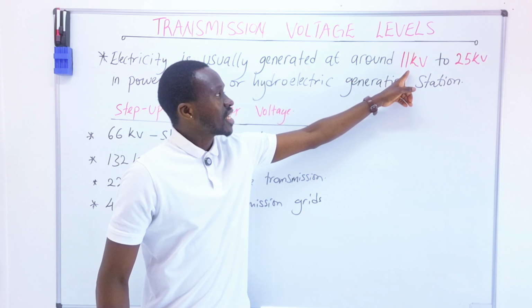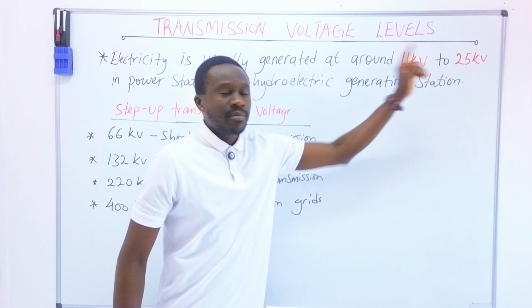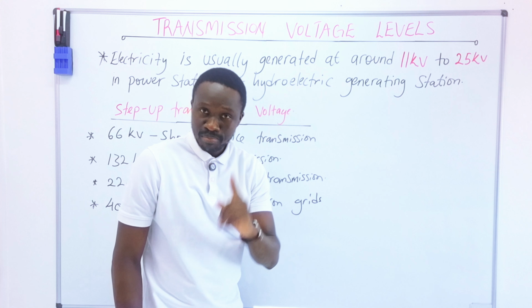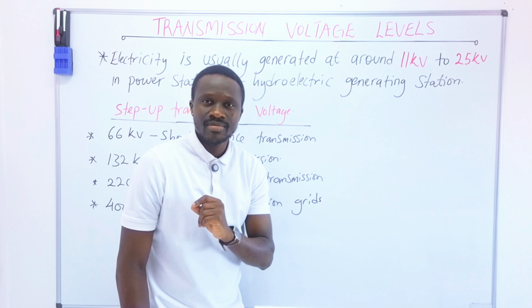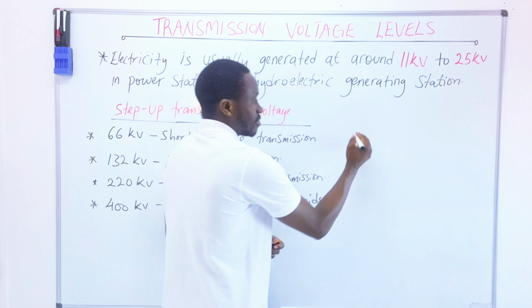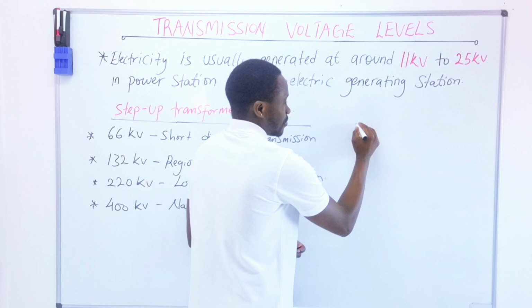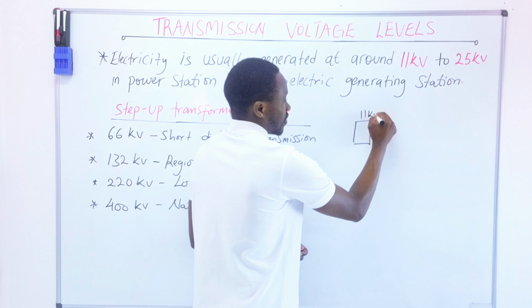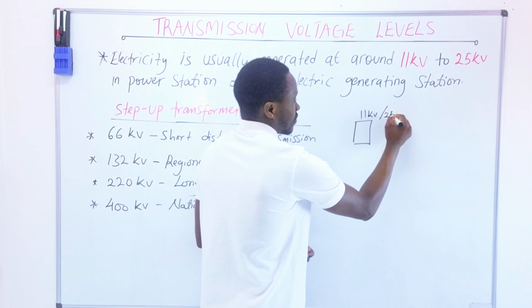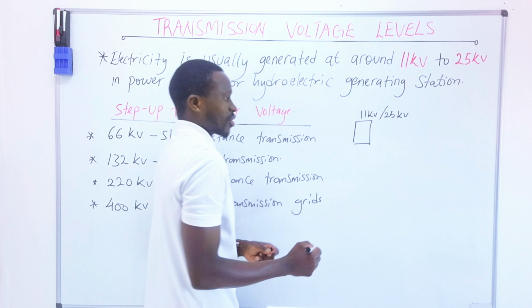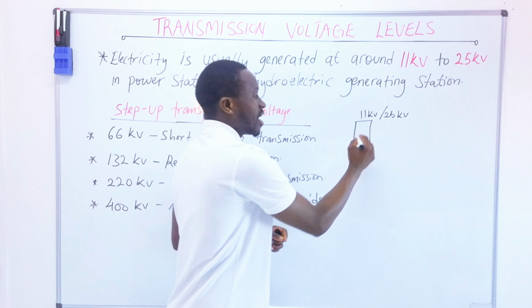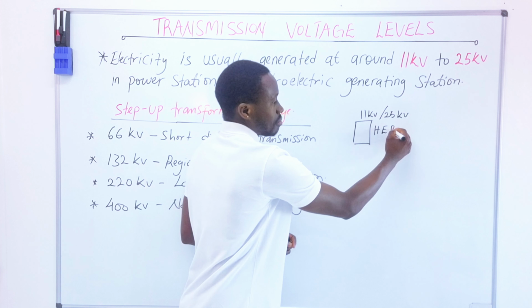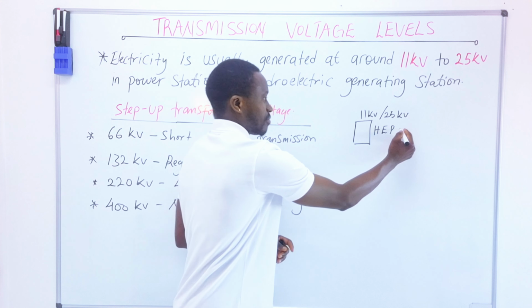Now, if we generate 11 kV or 25 kV in a power station, a hydroelectric power station or generating station. Now, this is the station. They have generated 11 kV or 25 kV. Okay, this is the power station, let us say a hydroelectric power station.